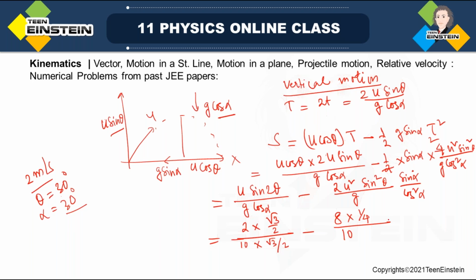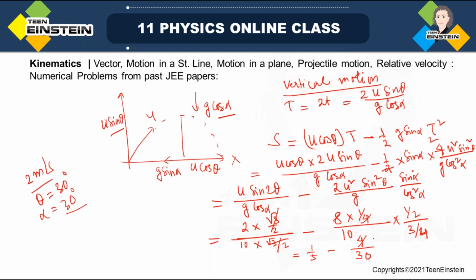divided by 10, and here again sine alpha is half, but this is 3 by 4. Okay, so if you solve this, this will be getting cancelled, so it is 1 by 5 then, and this would give you, so this goes off, so here will be 4 by I think 30.